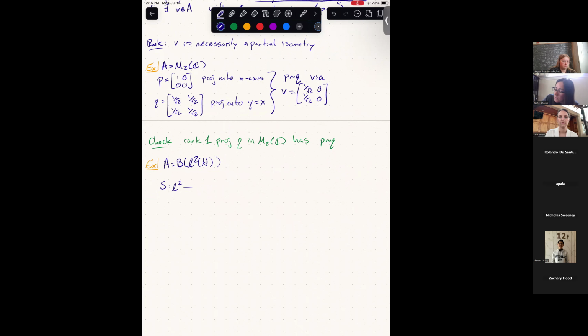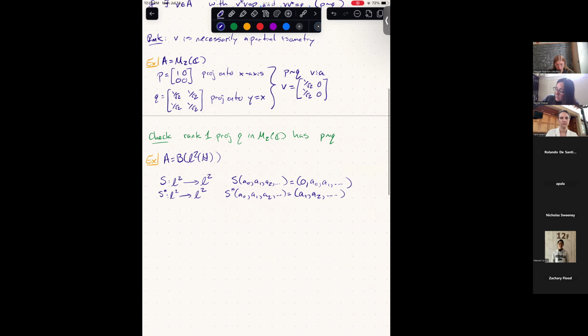So let's define an operator called S from L2 to L2. What it does is it takes a sequence and shifts everything one to the right and adds a 0 in the 0th position. Its adjoint is then the shift in the other direction. So it's going to take the sequence A0, A1, A2, and so on, and shift it to the left and cut off that A0 term.